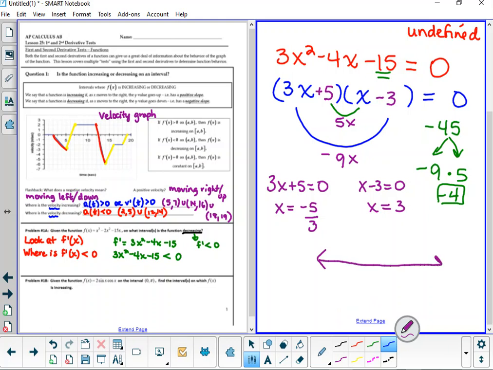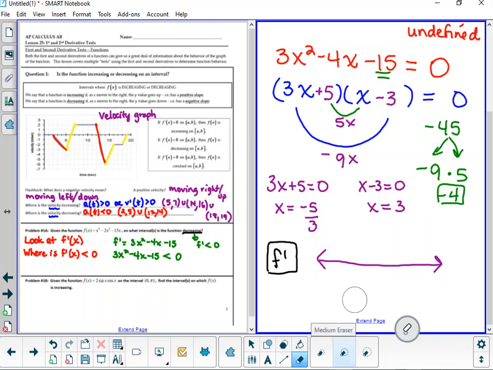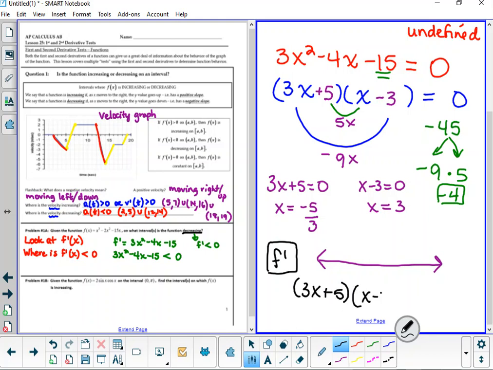And this is where we're going to use our number line. We're going to do a number line analysis of our derivative, 3x squared minus 4. Actually, let me write it in its factors because it's easier to play with: 3x plus 5 times x minus 3.